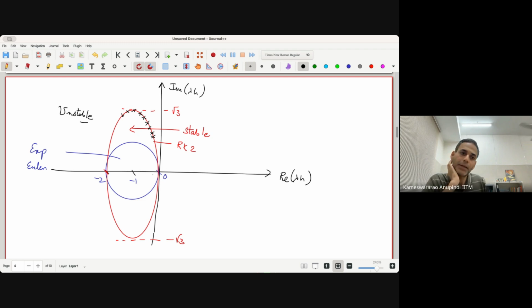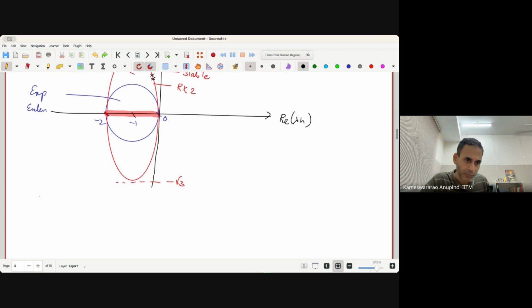We see that RK2 has a larger stability region than explicit Euler. Although for real numbers, explicit Euler and RK2 have pretty much the same stability region, that is this much only. Whereas for other complex numbers, RK2 is more stable because it has this much coverage. This is the entire region where it is stable for RK2, which was not the case for explicit Euler.